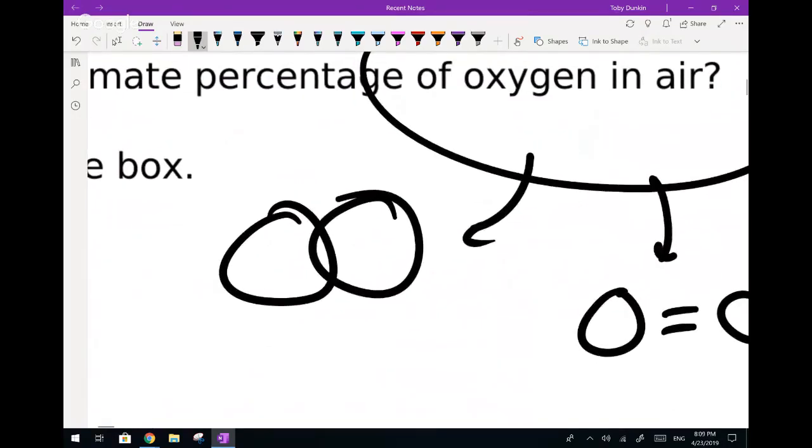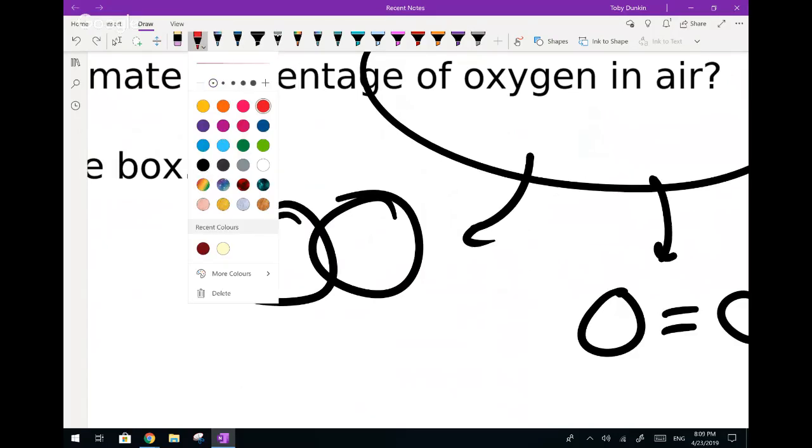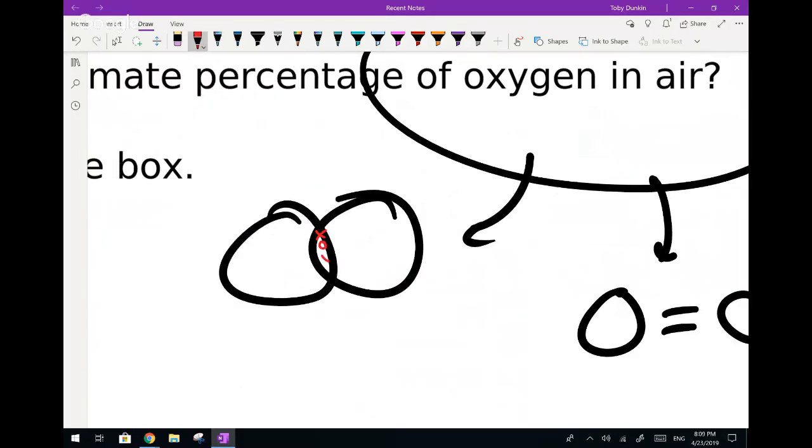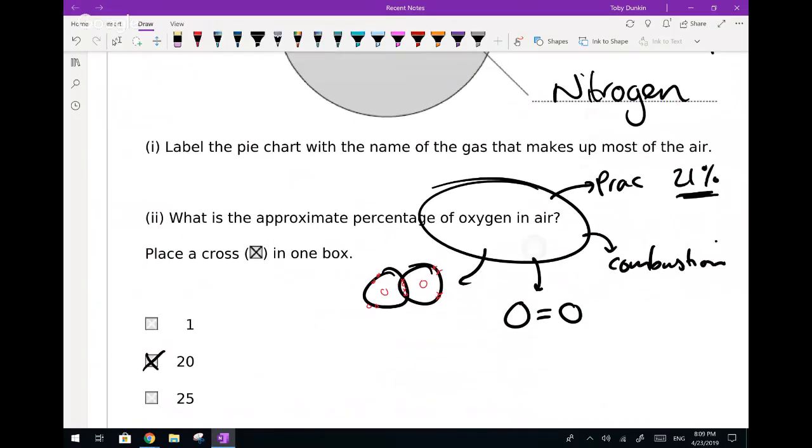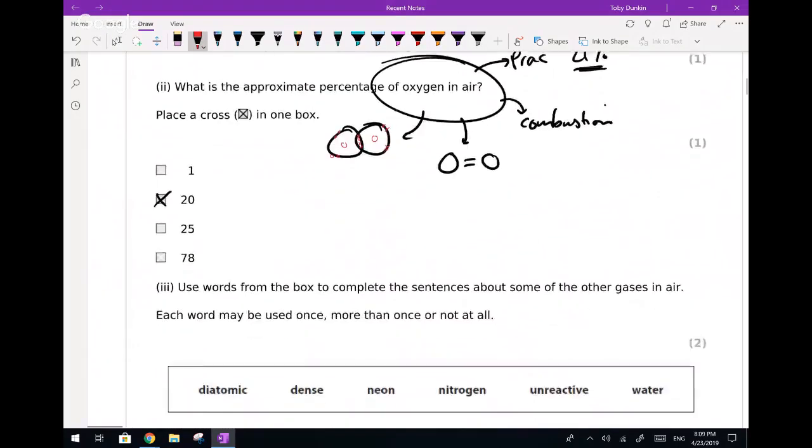So in here we've got 2 crosses, and I'll do it as a super tiny cross, dot. Yeah, there we go. And then cross and cross and cross and cross. I can't not do it now. So there's oxygen as a molecule, double bonded. And there's 21% oxygen in the atmosphere.